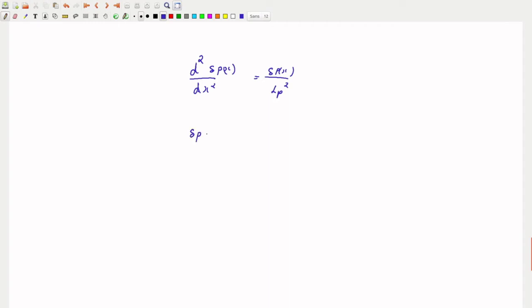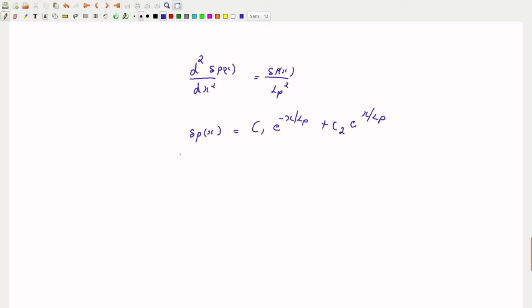The solution will be delta Px equal to C1, a constant, e raised to minus x by LP, plus C2 e raised to plus x by LP.